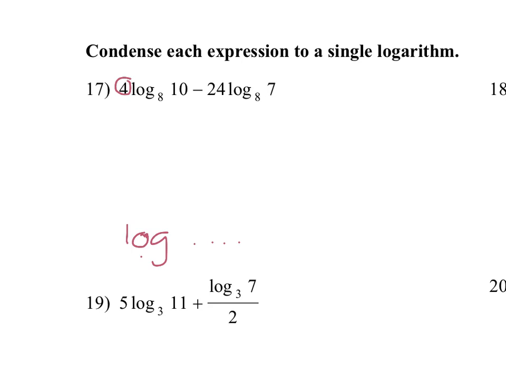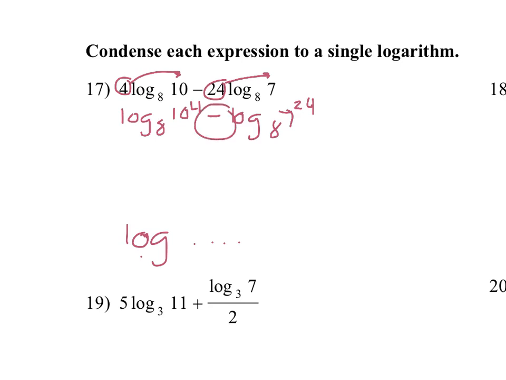So the first thing we need to do is bring our exponents to the top. So we have log base 8 of 10 raised to the 4th power minus log base 8 of 7 raised to the 24th power. And then since we're subtracting here, that means we need to divide them, and the first one goes on top.